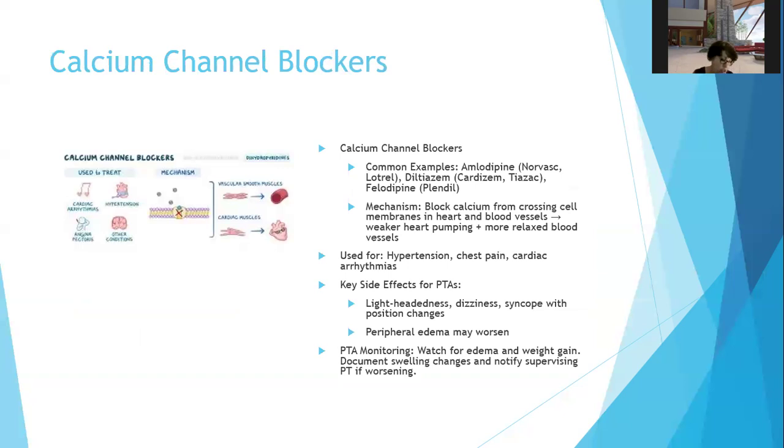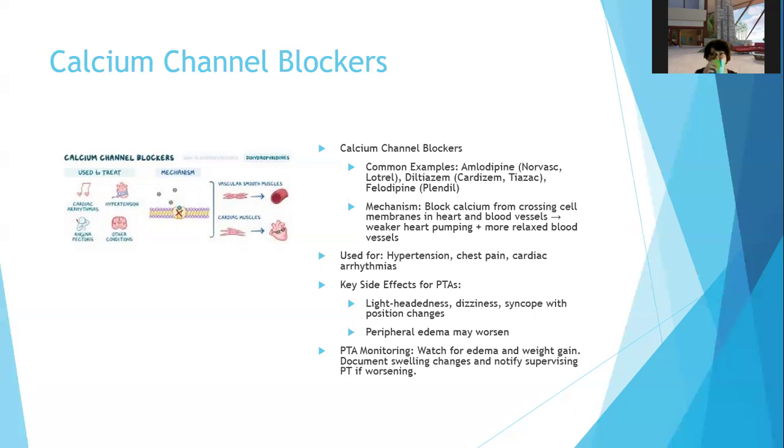Calcium channel blockers block calcium from crossing cell membranes in the heart and blood vessels, which causes weaker heart pumping and more relaxed blood vessels. So the common examples, a lot of them end in pine, P-I-N-E.